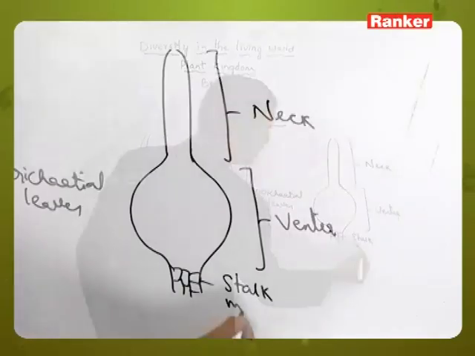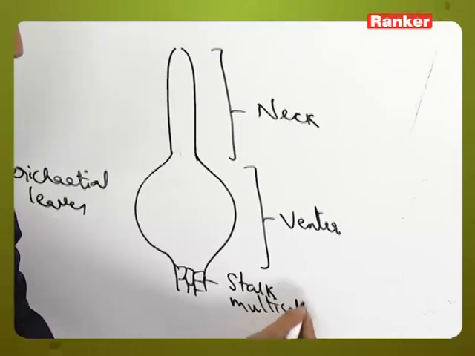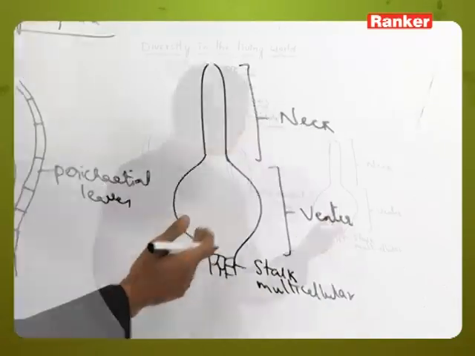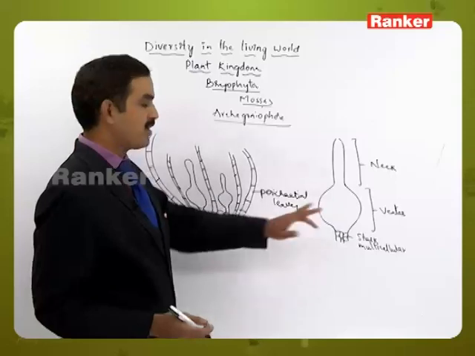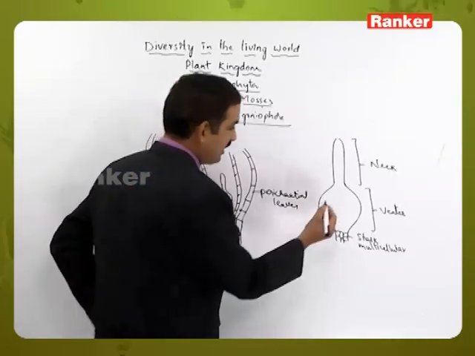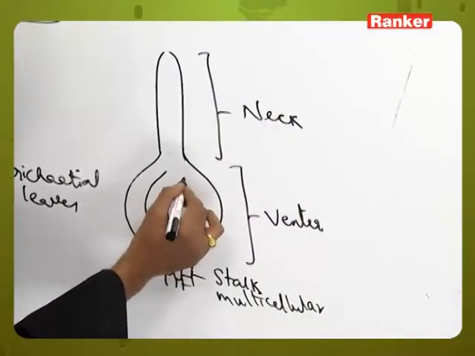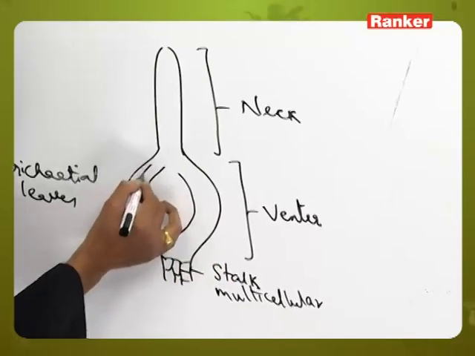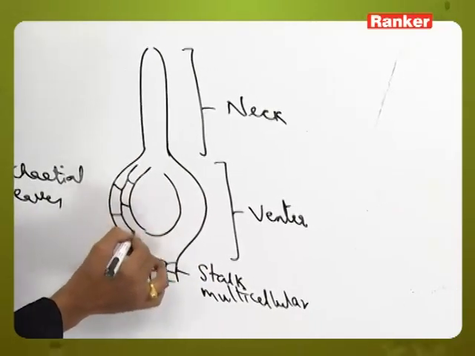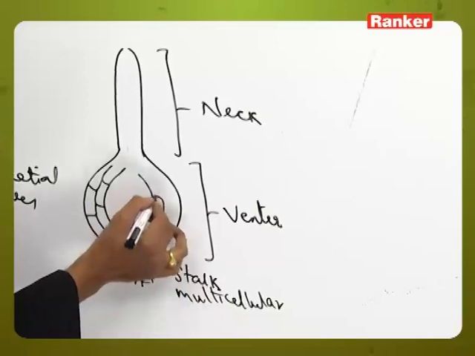Here the stalk is multicellular, which helps in attachment of the archegonium to the branch, and the venter region contains two nuclei, and this is surrounded by two wall layers.